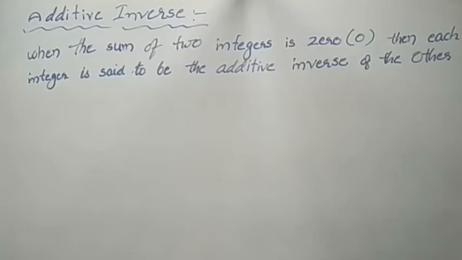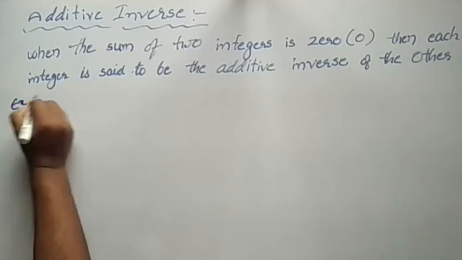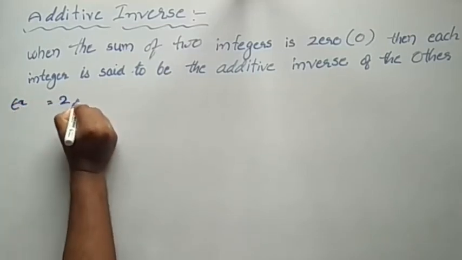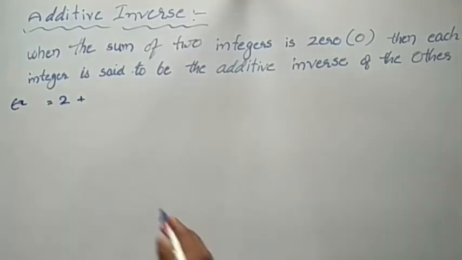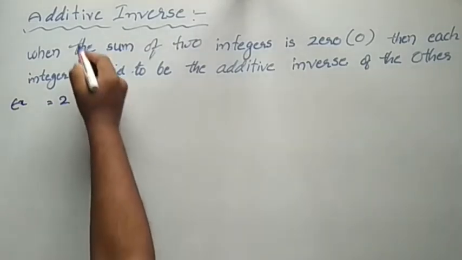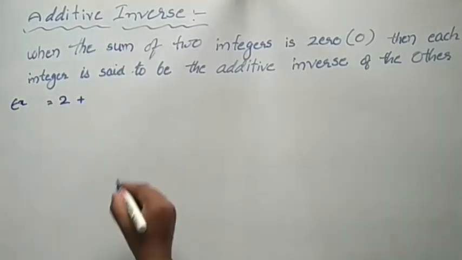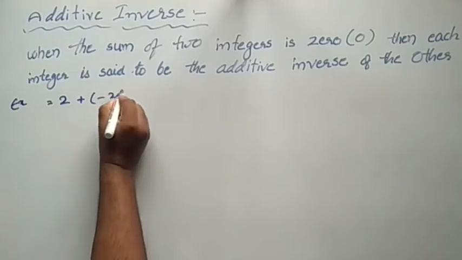The definition is: when the sum of the two integers is 0, then each integer is said to be the additive inverse of the other. I will take one example. I am taking 2, and the next one, additive means plus, is minus 2.